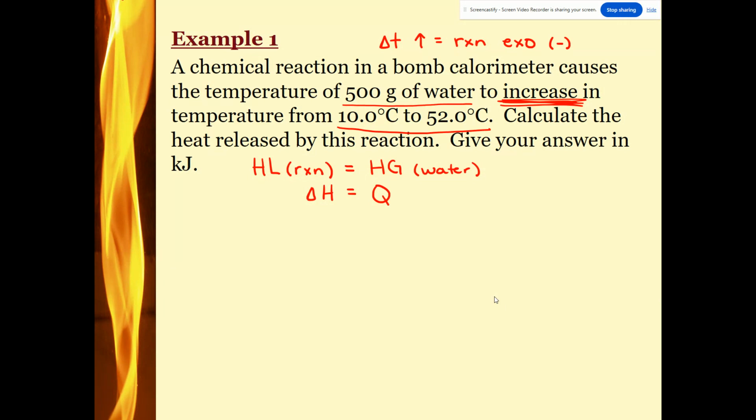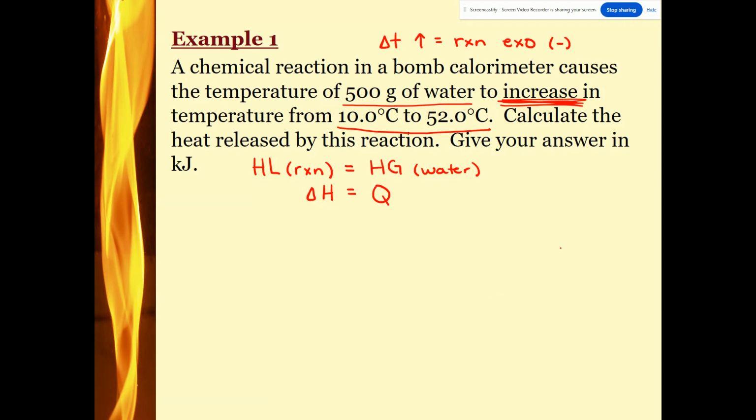They mean the same thing. They just have different formulas. Remember, delta H equals nH and Q equals mc delta T. This is just how I start my questions, reminding myself that the reaction side is delta H and the water side is Q.